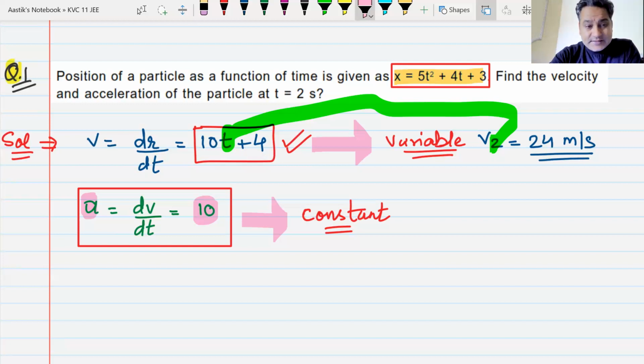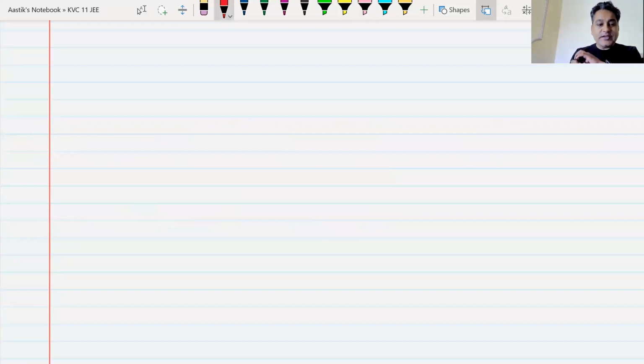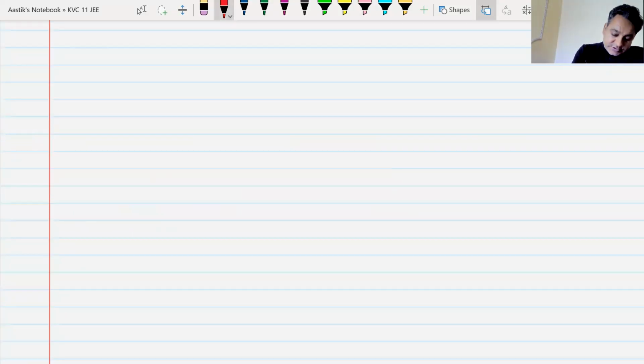What is the next heading that we are supposed to write? What is the next heading? Next heading comes from this question that we have done just now. Motion with uniform acceleration. Do we understand this? So we write equations of motion.